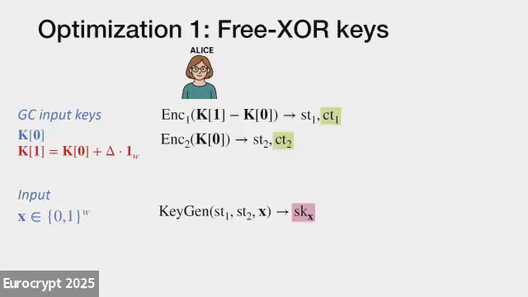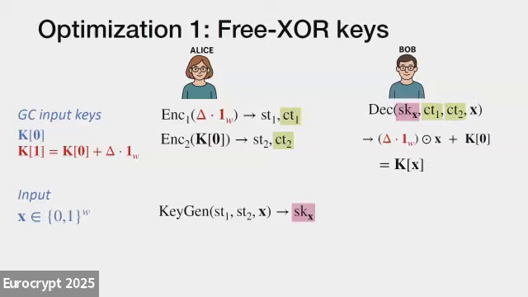So you wouldn't sample both the vectors K0 and K1 as uniformly random, but instead you would choose one fixed offset delta and use this for the difference between all of the key pairs in the input, right? So then the term that Alice wants to encrypt in the first step simplifies to simply a vector consisting of W times the same fixed offset delta.